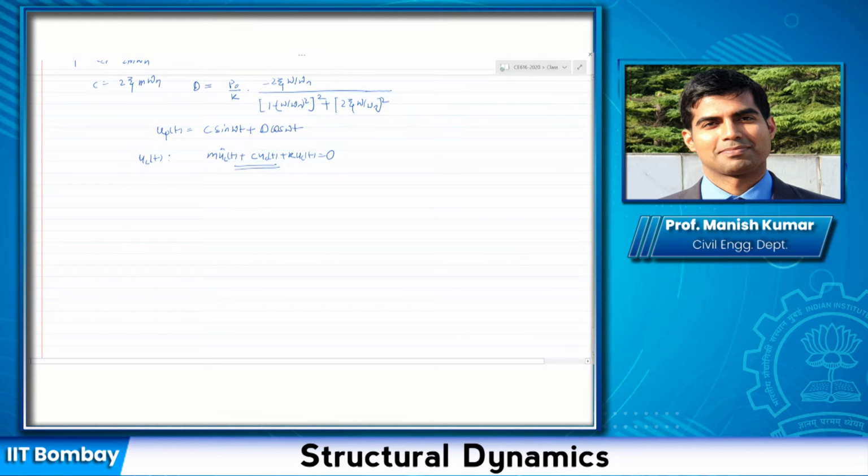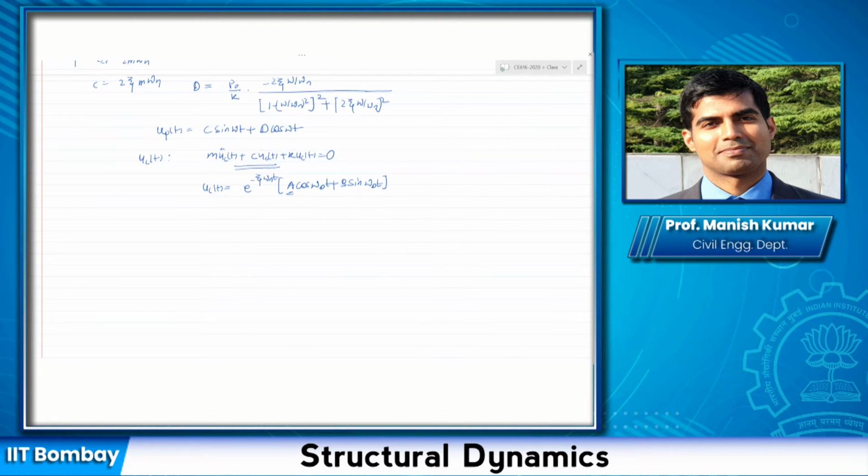This represents a damped free vibration, and for that we had already obtained the solution as e to the power minus zeta omega n t times, in the bracket, A cos omega d t plus B sine omega d t. Remember that I'm not writing down the coefficients A and B in terms of u0 and u dot 0. They won't be the same as what we had for the free vibration.